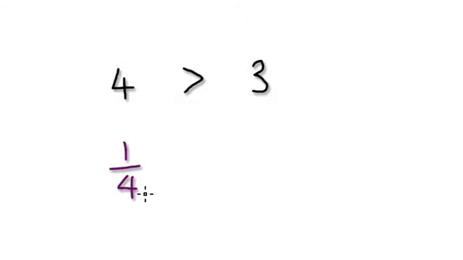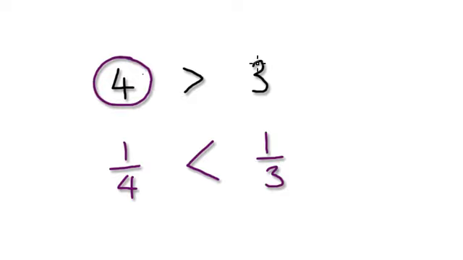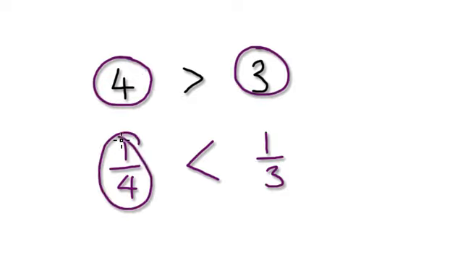The reciprocal of this side is this, the reciprocal of this side is this. But whenever you take the reciprocal, this sign switches around. In order for it to make sense, you've got to change the sign around.